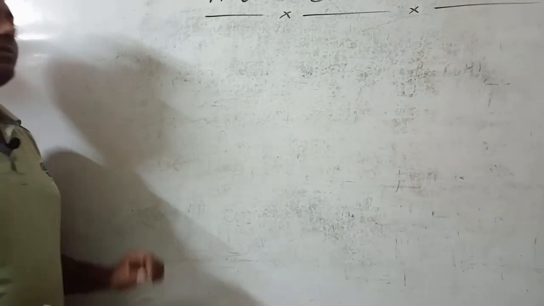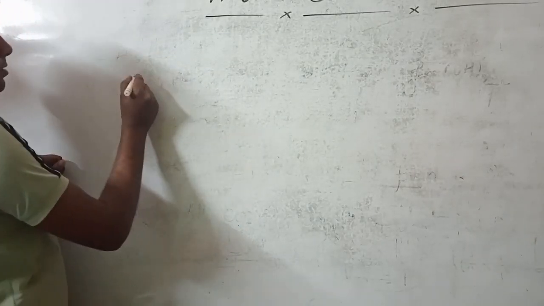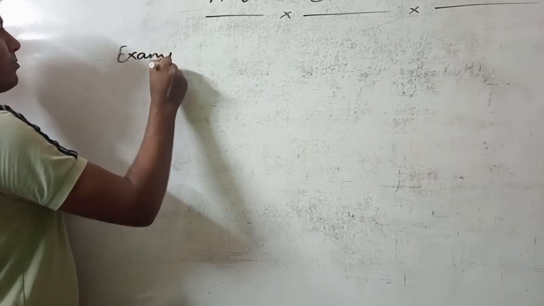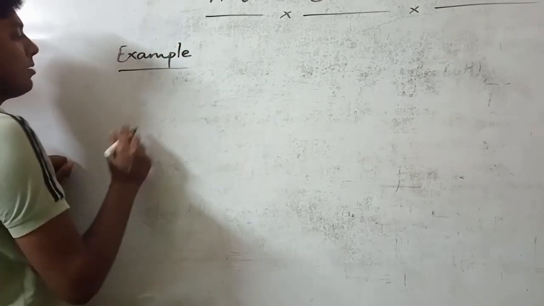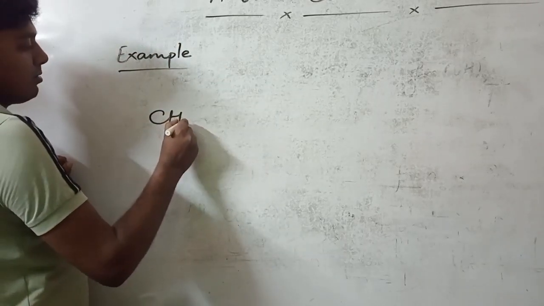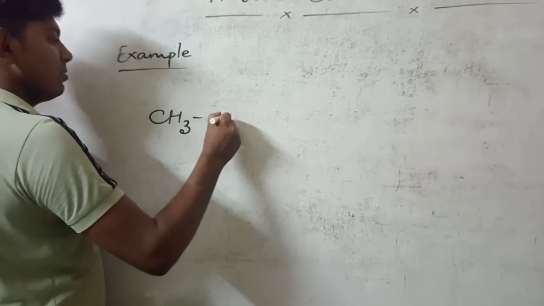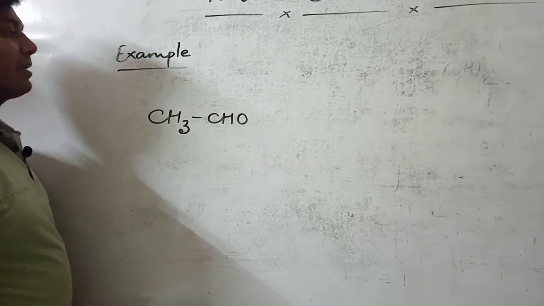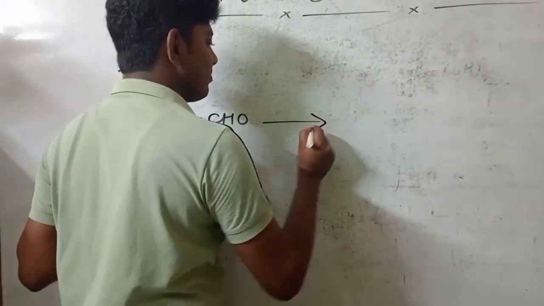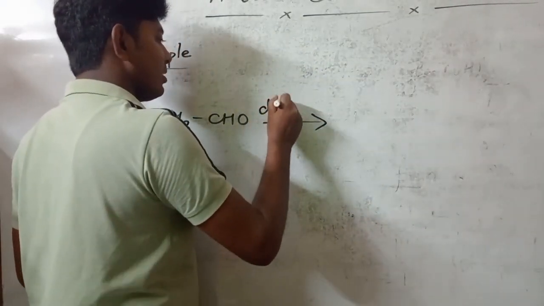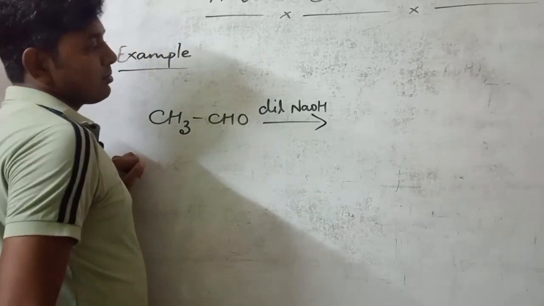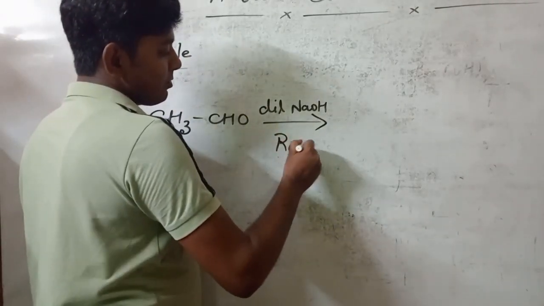So, a basic example of these reactions: acetaldehyde reacts with dilute sodium hydroxide. Here is the reagent used for these reactions.